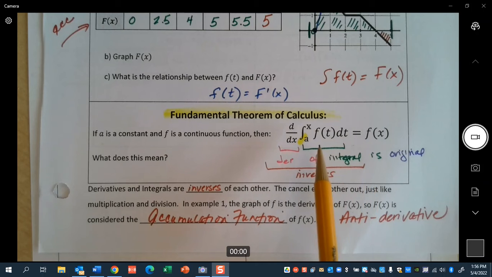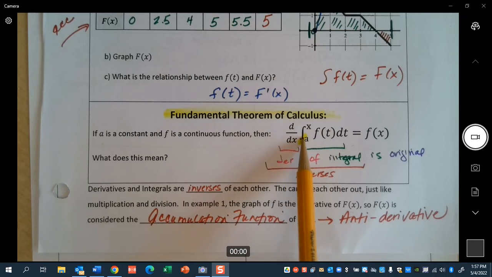And then we ended up talking about how they're inverses of each other, and this accumulation function is an antiderivative. And we talked about how these two symbols do that to each other.